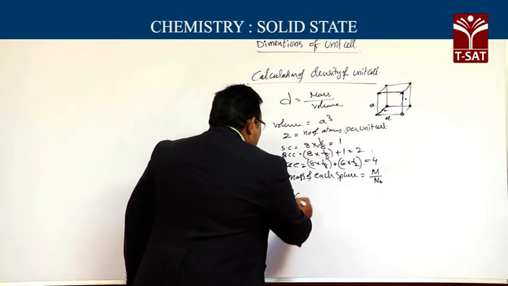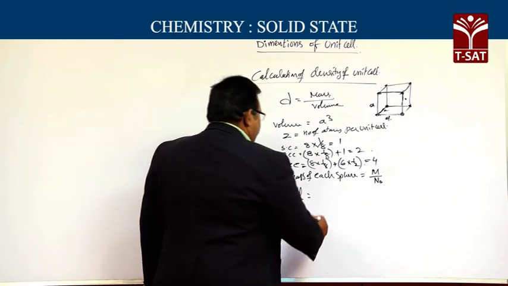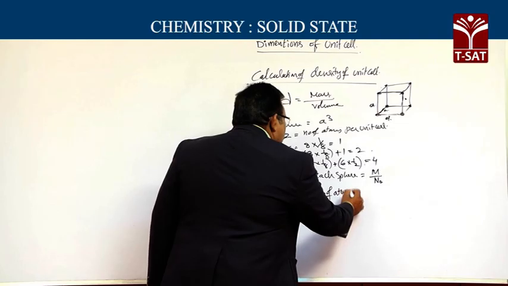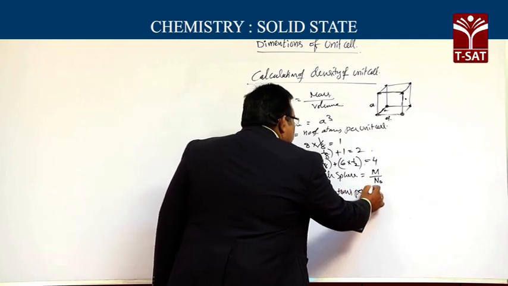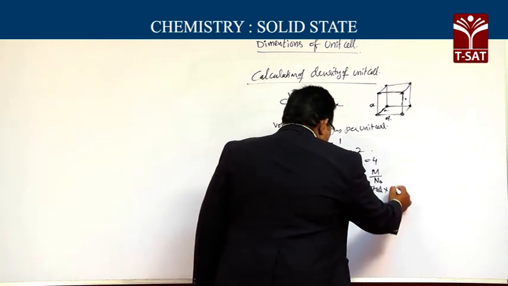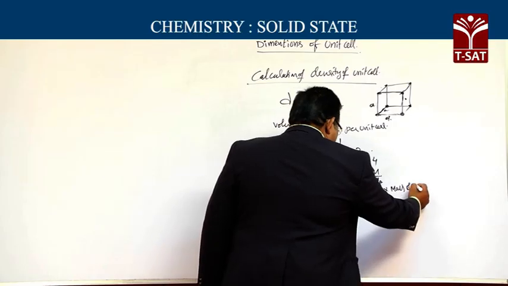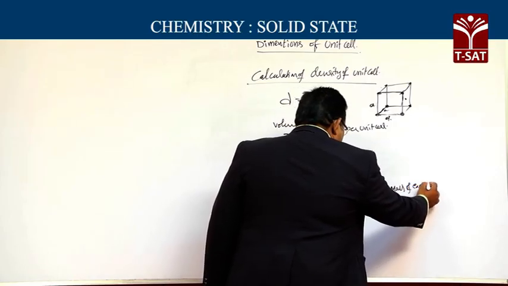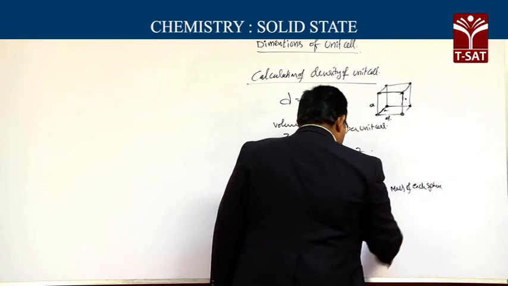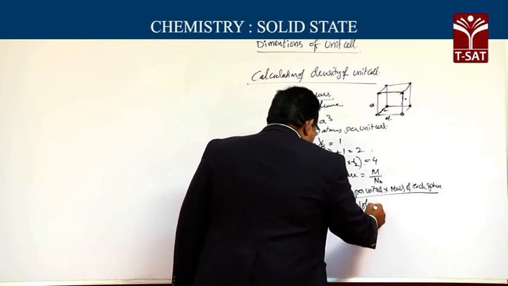Therefore, density of the crystal is equal to number of atoms per unit cell into mass of each sphere by volume of the unit cell.